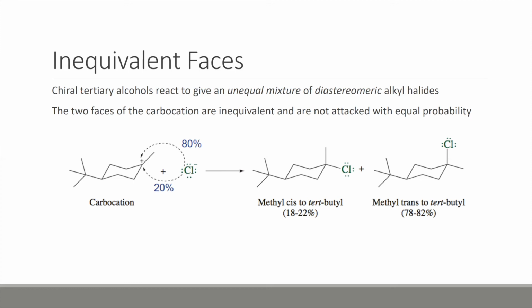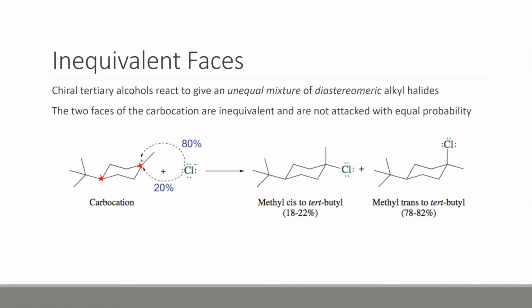So here we have two chiral centers. Here we have a chiral center here and a chiral center here. On this ring, the two faces of the carbocation are inequivalent. They are not the same. And that's because of this axial or equatorial position of the methyl.